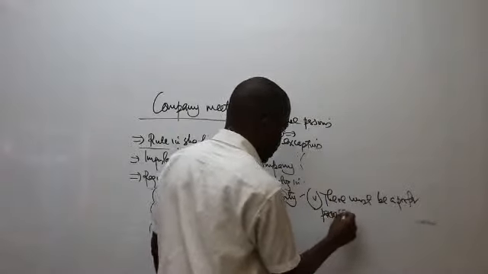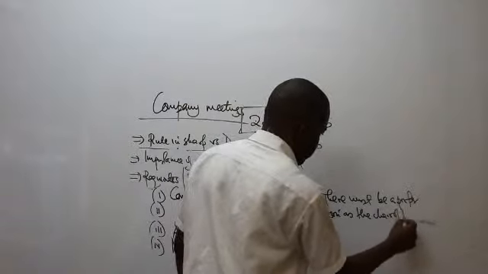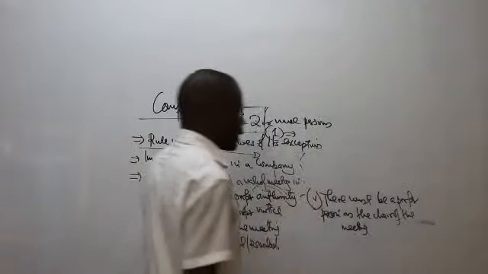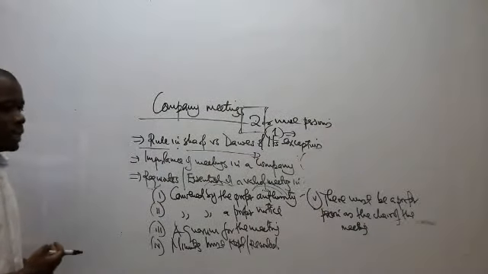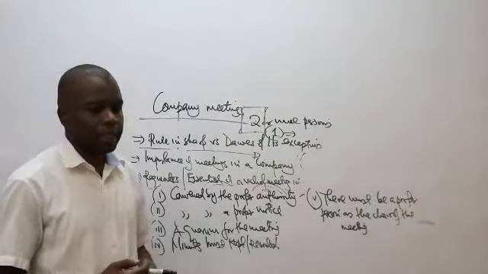So these are the 5 key essentials that must be there for it to be concluded that there has been a properly convened meeting in a company.